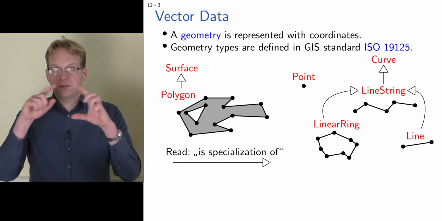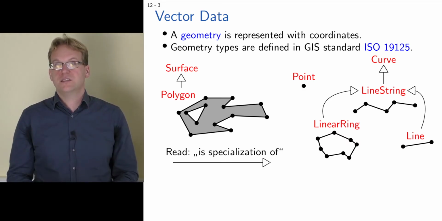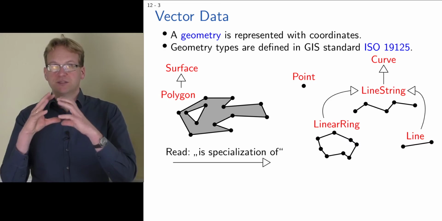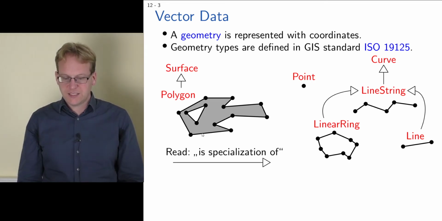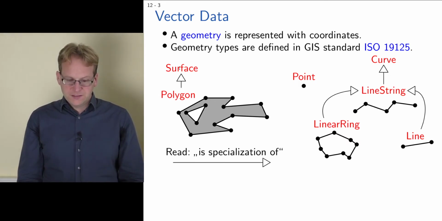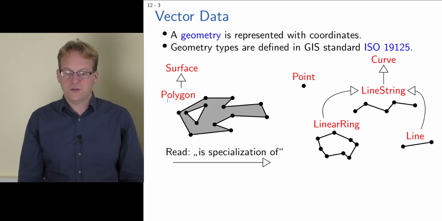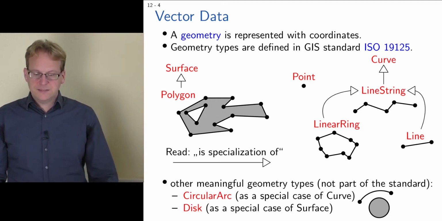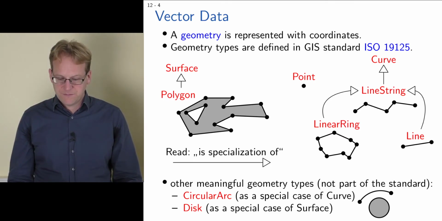And thereby you define your own class and its relationship to the classes in the standard, because you relate it to the class surface by saying that the disk is some special kind of surface. So you can read these arrows like a polygon is a specialization of a surface. You can also read these arrows in the reverse direction, saying a surface is a generalization of a polygon. Well, this is what I just explained with circular arcs and maybe surfaces or circles and disks.